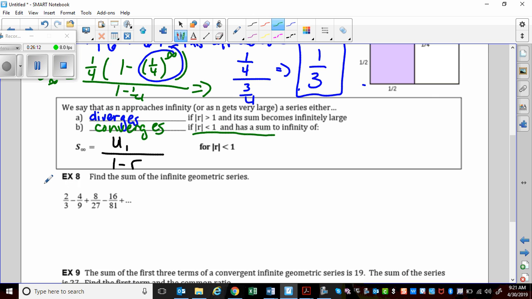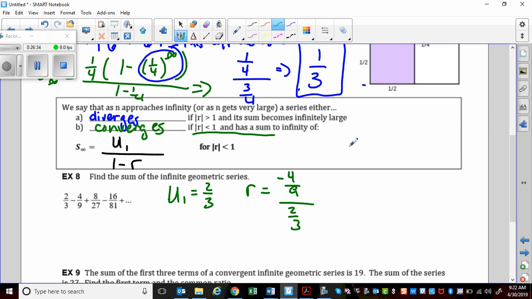It says find the sum of this infinite geometric series. So I need my ratio. My u sub 1 is pretty easy: this is 2/3. But I need my ratio. My ratio is -4/9 over 2/3.